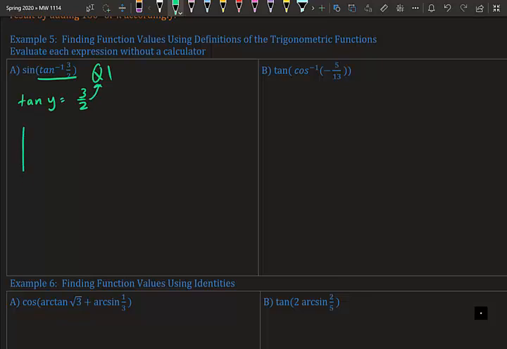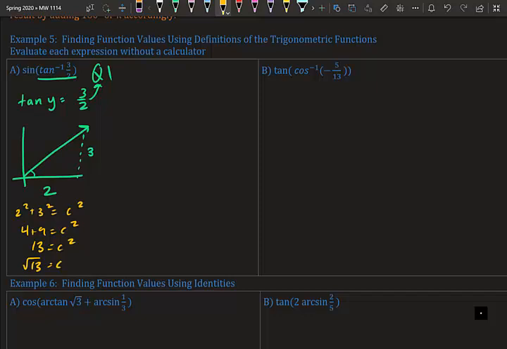So I'm going to draw quadrant 1 and our triangle. So remember, tangent is opposite over adjacent. So opposite the theta is 3. Adjacent is 2. You can find this value right here using the Pythagorean Theorem. So we have 2 squared plus 3 squared equals c squared. So 4 plus 9 equals c squared. 13 equals c squared. So we get the square root of 13.